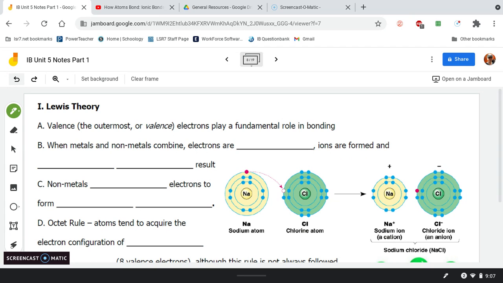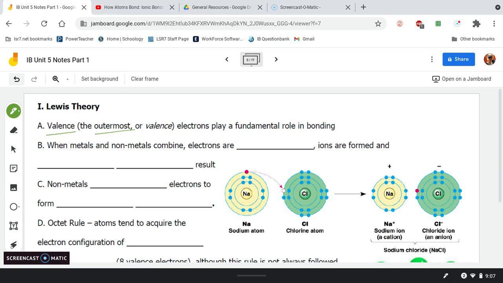Valence is very important. We use this term a lot, and valence means outside, outermost, things on the outside. A chemical may have a large number of electrons. Something like potassium has 19, or barium has 56. Not all of those electrons are important in bonding. The only ones that are important are the valence electrons, on the outside.